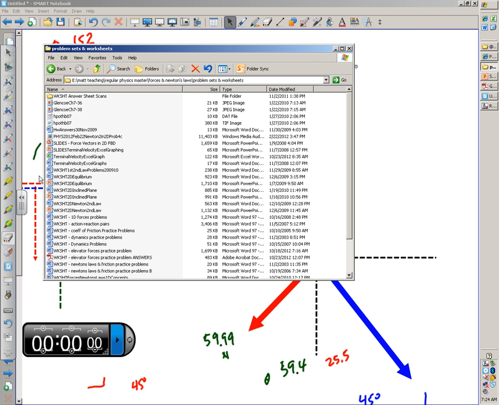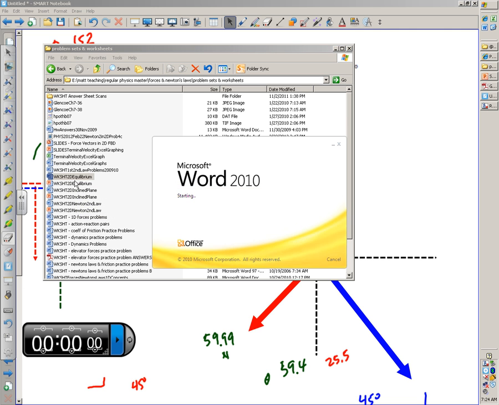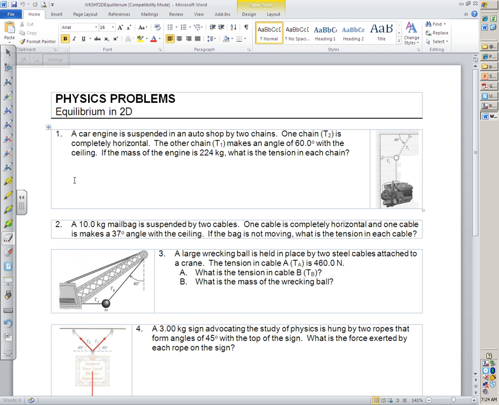As far as some homework goes, sorry, should have had this pulled up. On the way in today, you should have picked up this problem set that after a long delay will eventually show up. Stand by. There it is. Equilibrium in 2 dimensions.